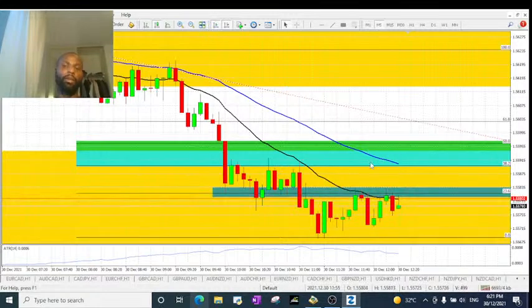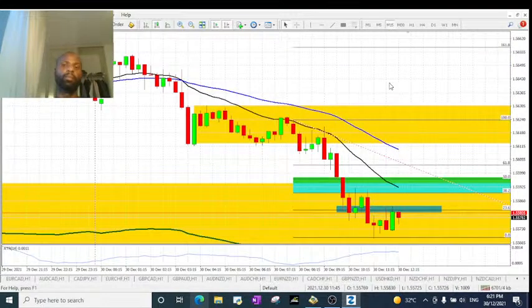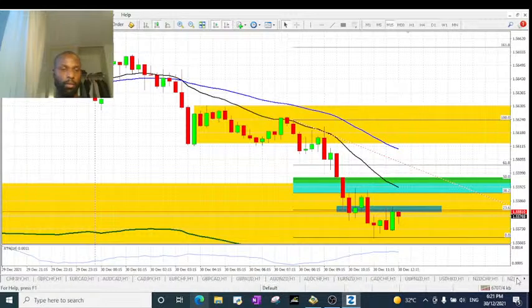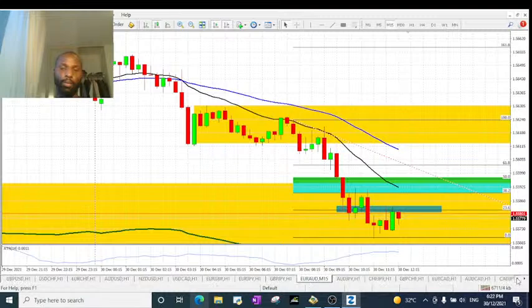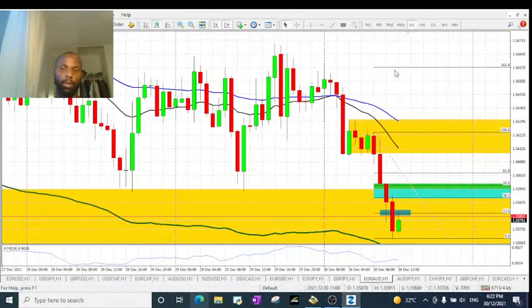This would have been my Q zone right here. But by the time we got there, structure had already changed, which is not good. So let's keep looking, see what else is out there. But I will keep an eye on this pair, Euro Australian dollar, for sure.